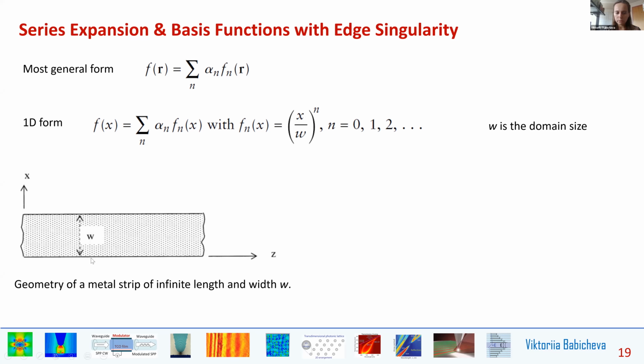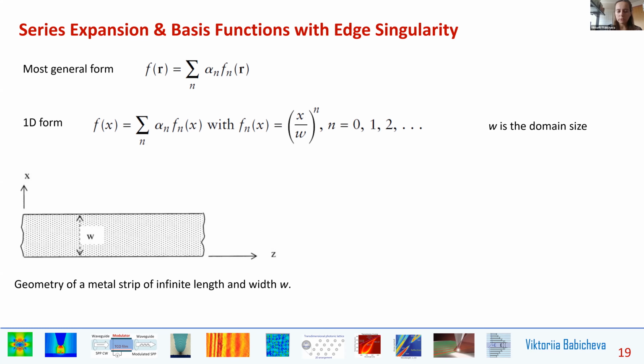It has width W, and this metal strip is typically a microstrip line or coupling waveguide. It can also be a printed dipole antenna.